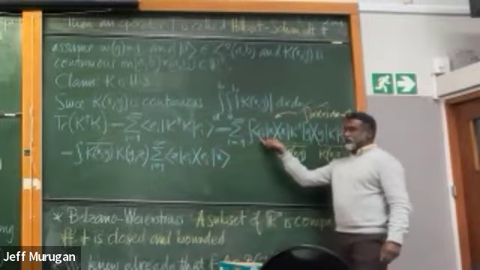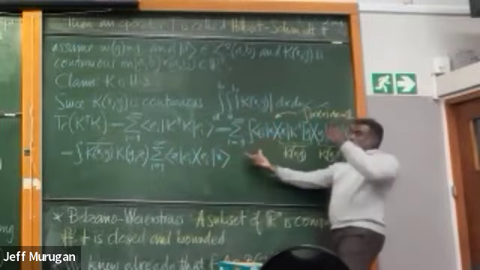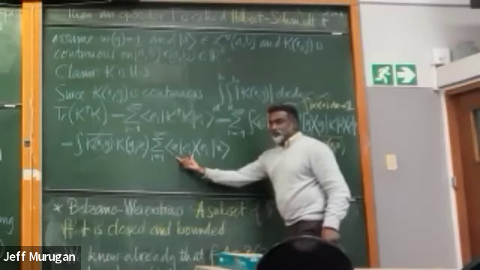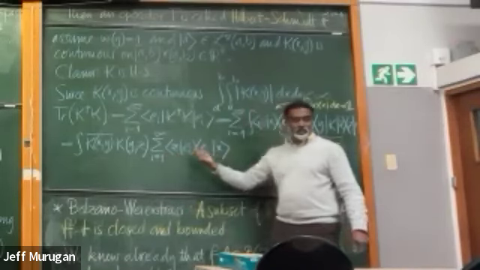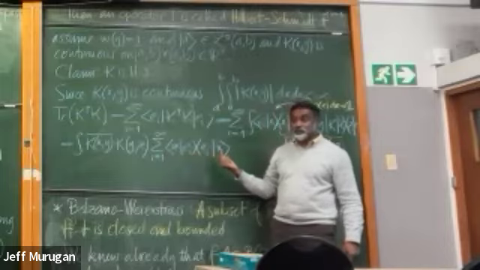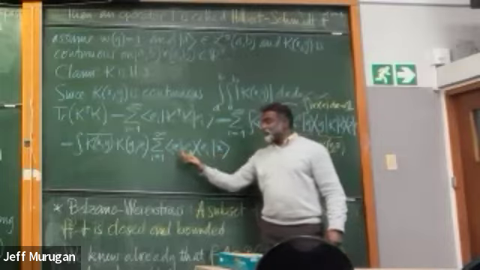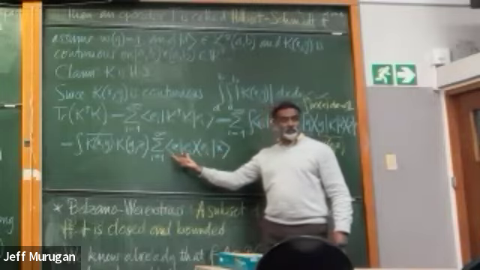I took this guy and I moved it to the right of this guy. Now I'm summing over the e_i here, and I use another resolution of the identity between e_i and a continuous variable z.